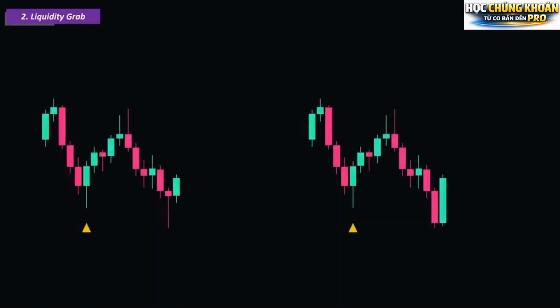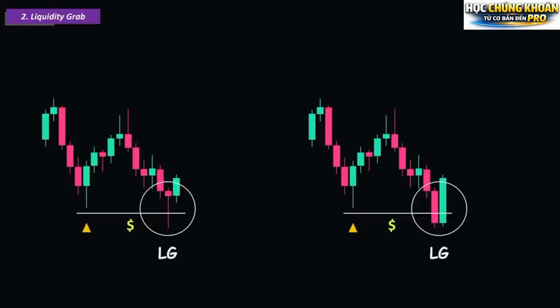Liquidity grab. A bullish liquidity grab pattern happens when price wicks below a liquidity level or even closes below it, but then quickly returns inside the range. Now, what does this show in terms of price action? It means that the market was reaching for liquidity below the support by triggering stop losses and trapping breakout traders.